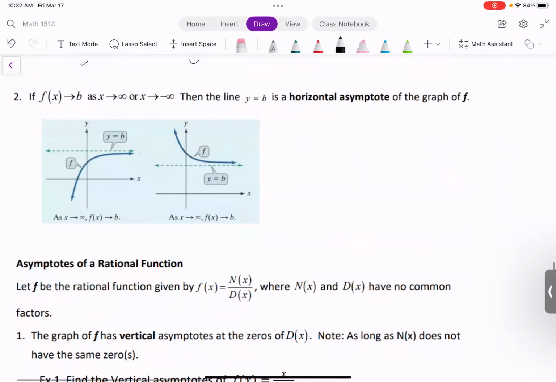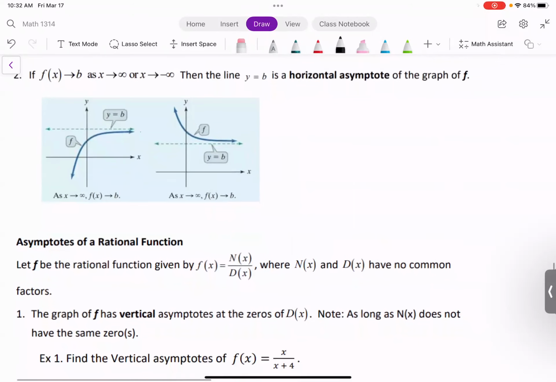All right, let's see the horizontal asymptotes. If f of x approaches b as x approaches infinity or negative infinity, then the line y equals b is a horizontal asymptote. For example, I have a horizontal asymptote y equals b, and the graph could approach this way, or this way, or from this way.